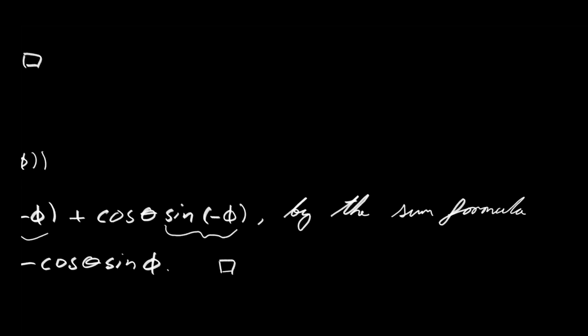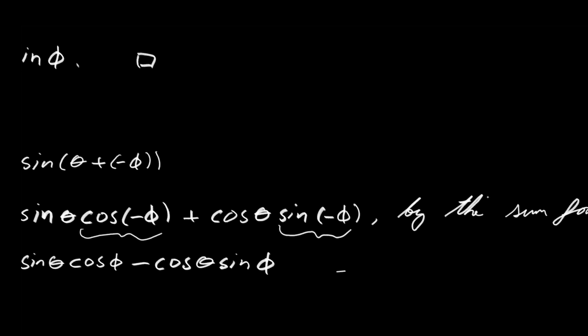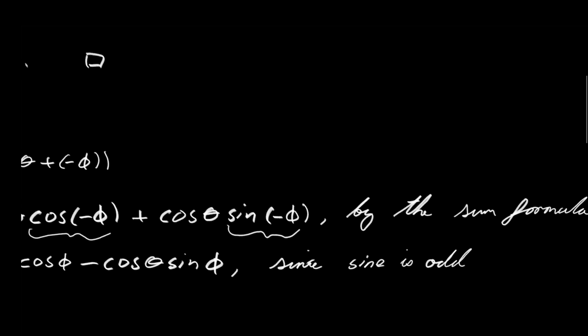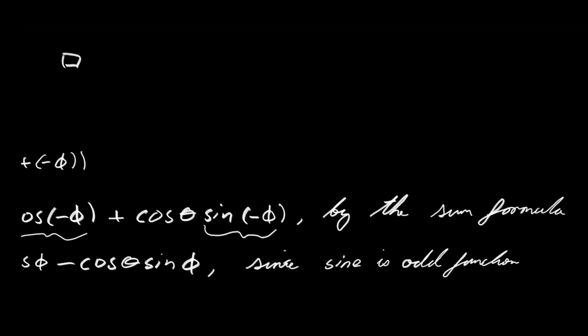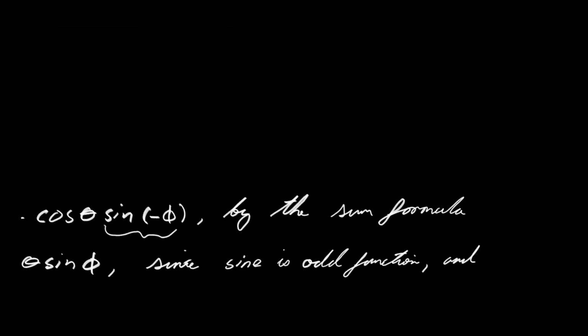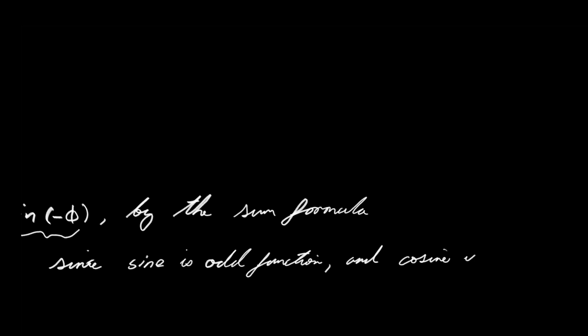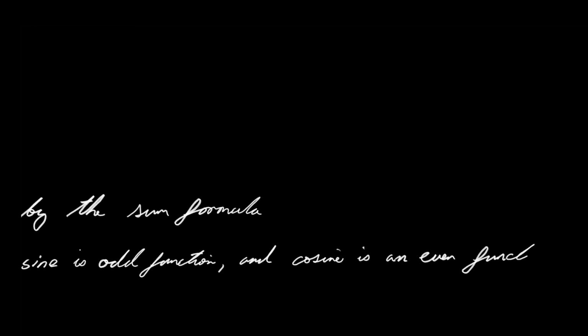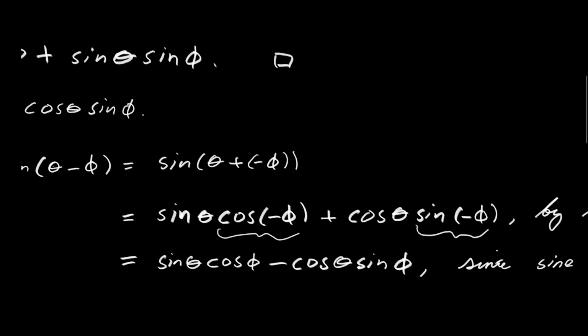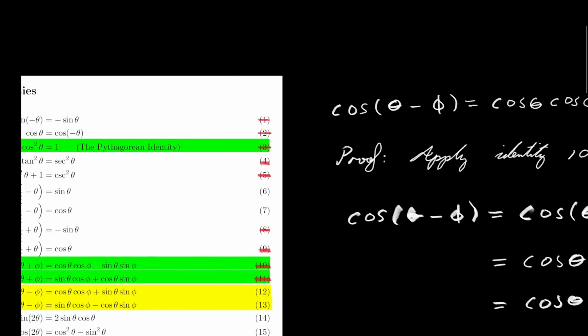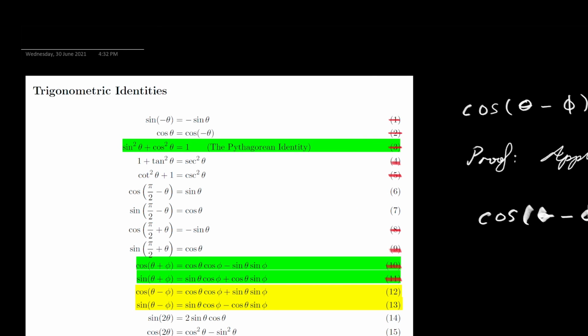And here I can say by trigonometric identities 1 and 2, or since sine is an odd function and cosine is an even function. Okay, so then we can write a little square to say that we've finished the proof. And we can go back up to our list of trigonometric identities and cross off the ones we've proven.